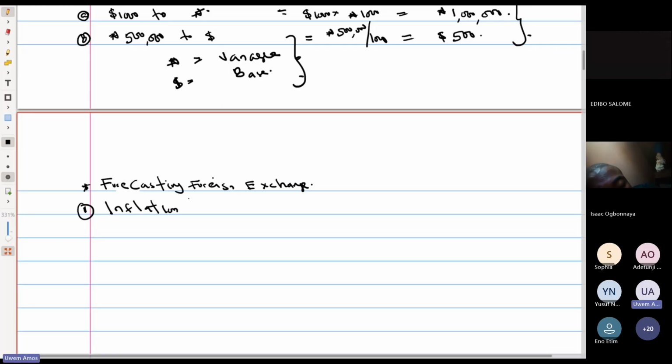So when you use inflation, the method is called purchasing power parity. Or to use interest rate. And once you use interest rate, it is called interest rate parity. And this is the format for doing that.